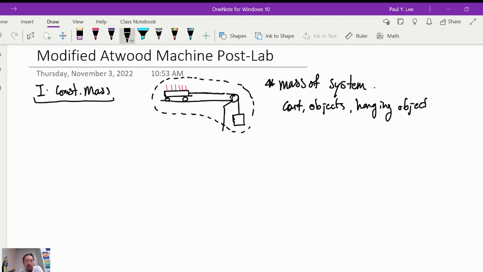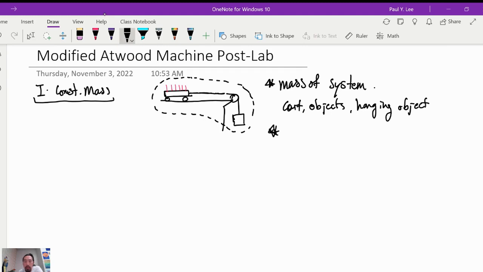And for the sake of this lab, we said that we had to pretend that this string was massless. And so we're not going to include that in the system here because we want to look at the mass of the system. And that will be it. And so if we're looking for the mass of the system, we just had to look at all the objects within the system.